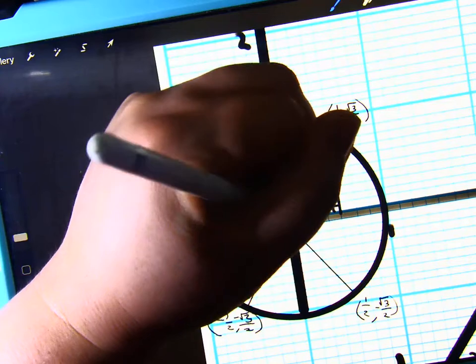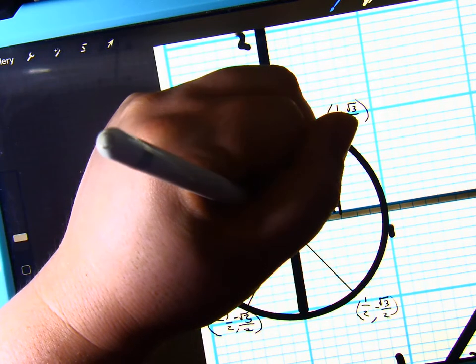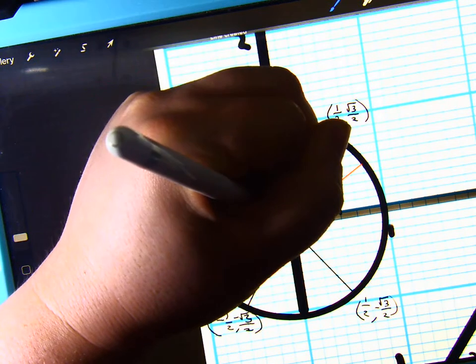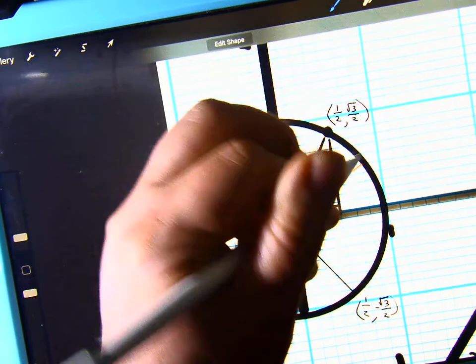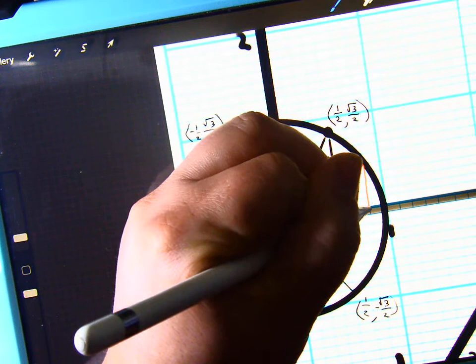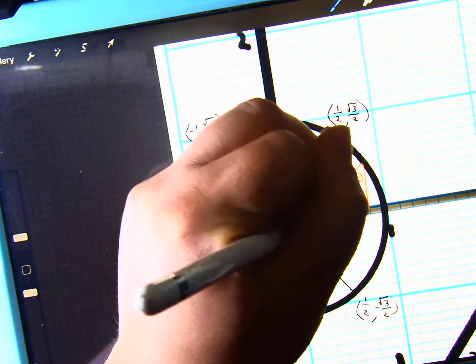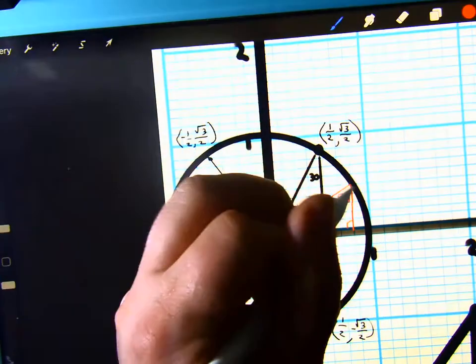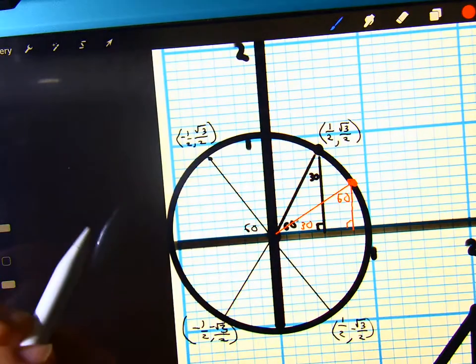Because with the 30 triangle and our 30-degree angle, basically says, okay, I'm going to cut this in half. And now this is a 60, 30, 90. And it says, well, what would the coordinate here be?